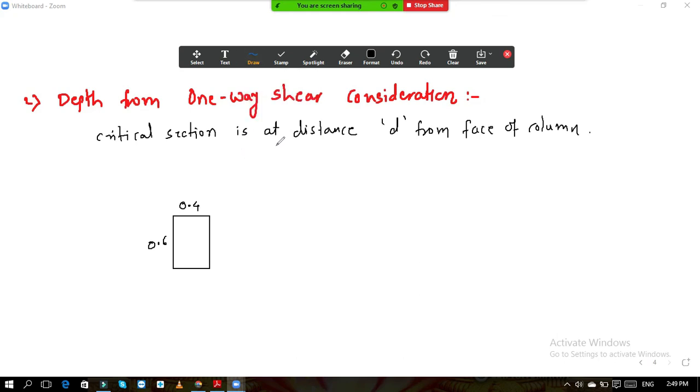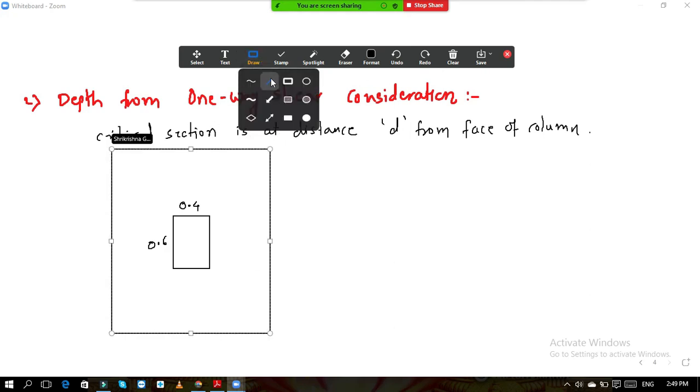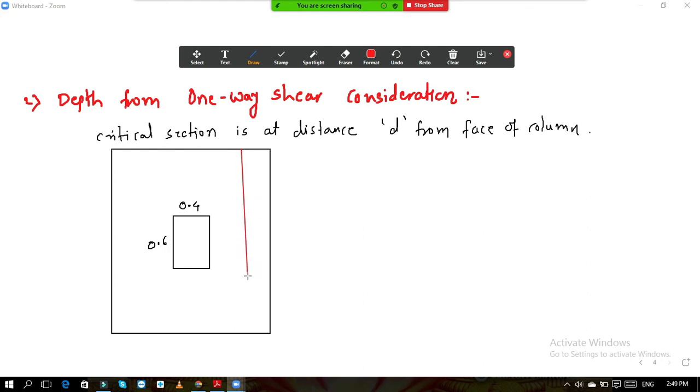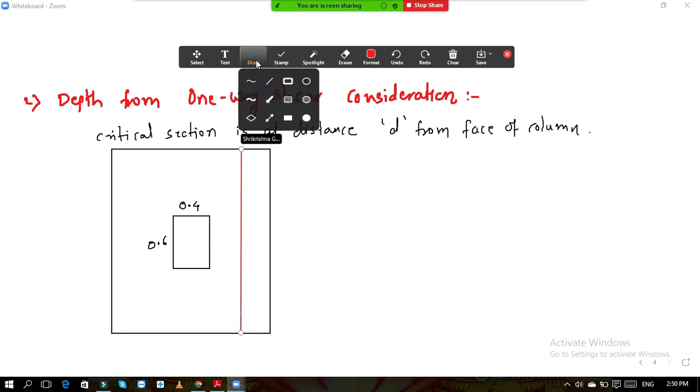Now I will draw the footing. On either side, we will take the critical section at a distance d. So here is the critical section, which is at a distance d. So this dimension, this is d.